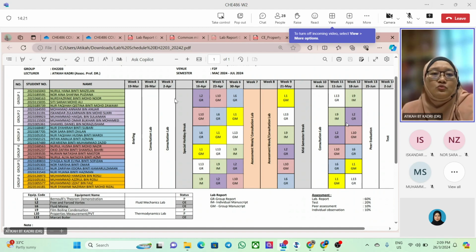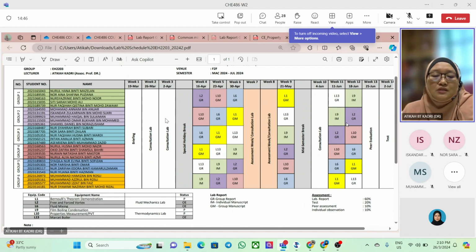Contoh macam group 1 ni. So consultation lab next week, you should be looking into planning your work for your lab number 2, which is free and force vortex, lab number 10, which is property measurements or gas expansion unit, and lab number 6, which is fluid mixing.